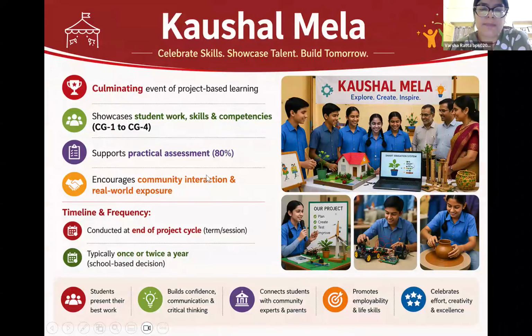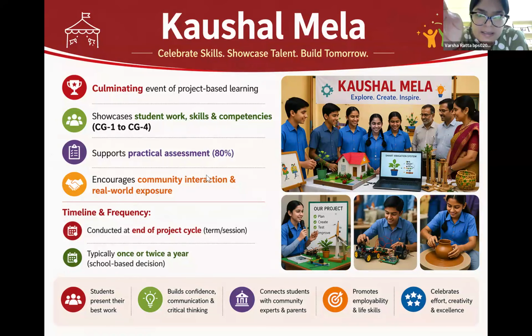बहुत important है. ये सब करने के बाद करना क्या है actually? Why are we doing it? So at the end of the year or twice a year, you can have a Kaushal Mela, wherein you will showcase what the children have learned to the parents or the stakeholders who are involved with your school. So we culminate the project-based learning.